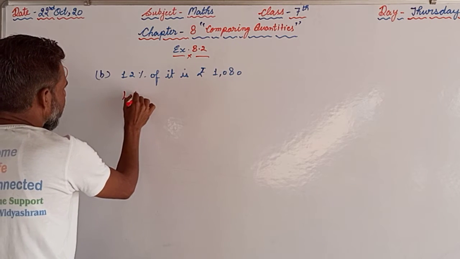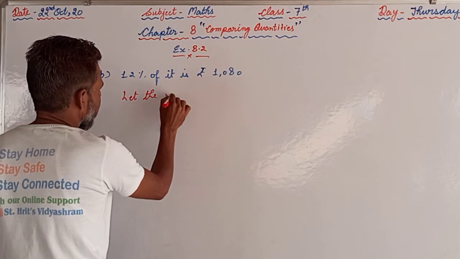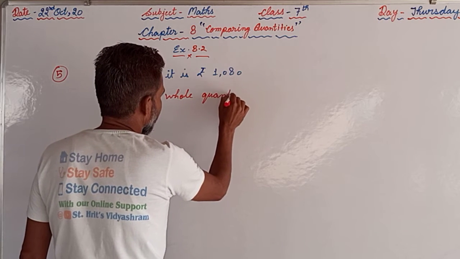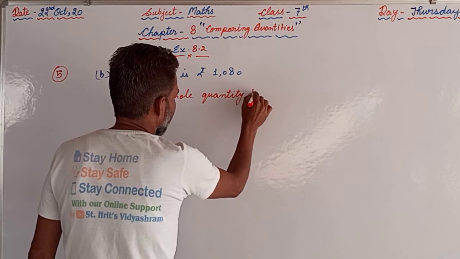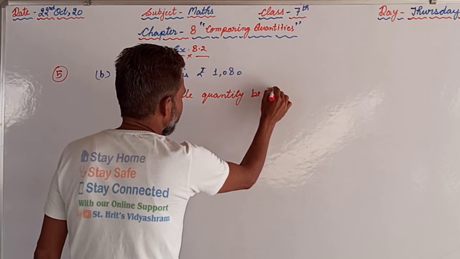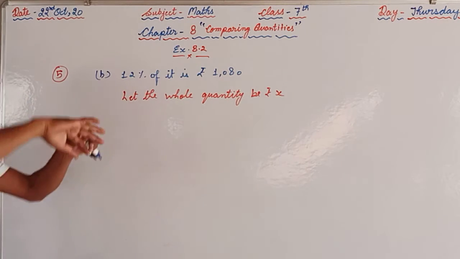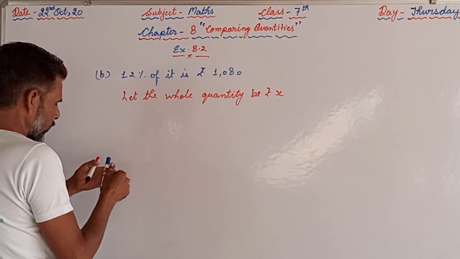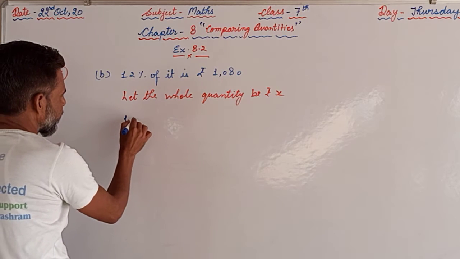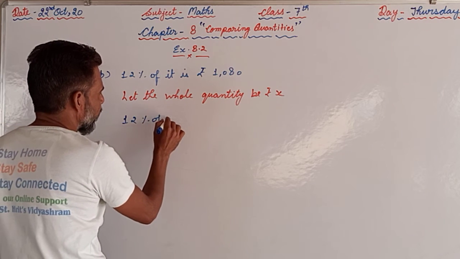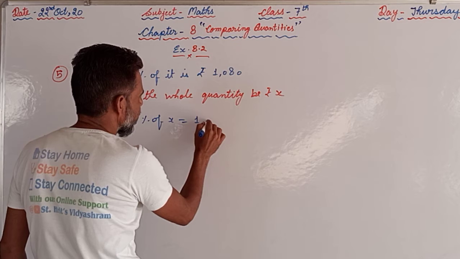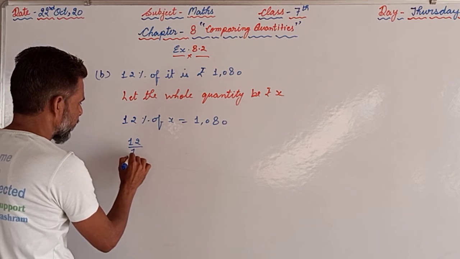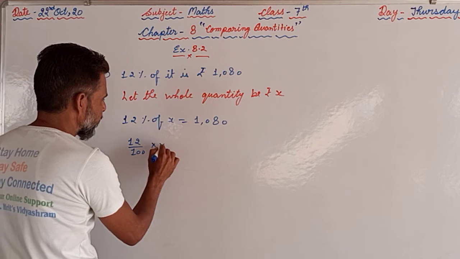Let the whole quantity be rupees x. Total is x, whose 12% is 1080. So according to question, 12% of x is equal to 1080 means 12 upon 100 into x is equal to 1080.